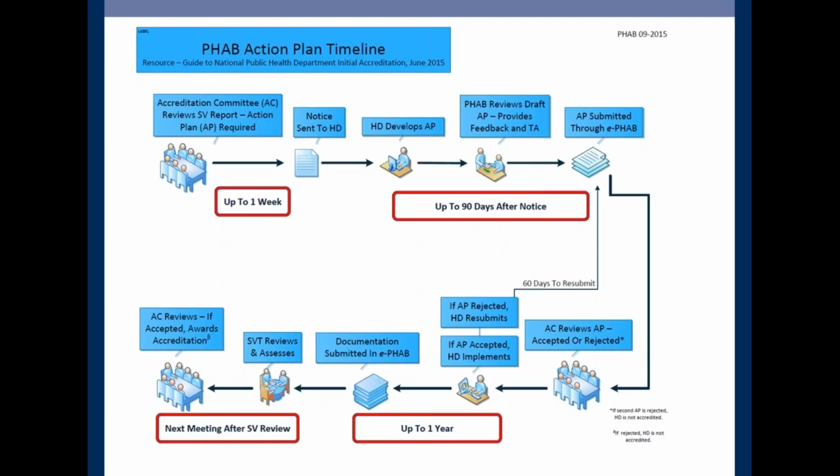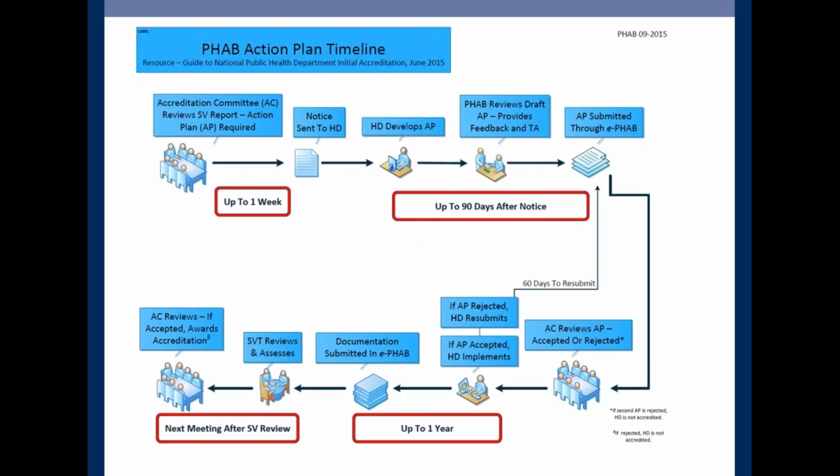Now, the first round of developing the action plan, the health department has 90 days to do that. And then it moves on through the process. If the plan is rejected again after this second round, then the health department is deemed not accredited. If it is accepted, they go through the process of developing new or selecting other documentation.